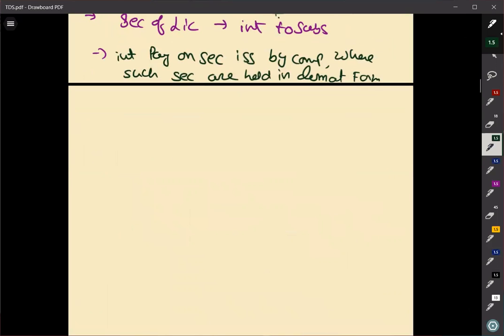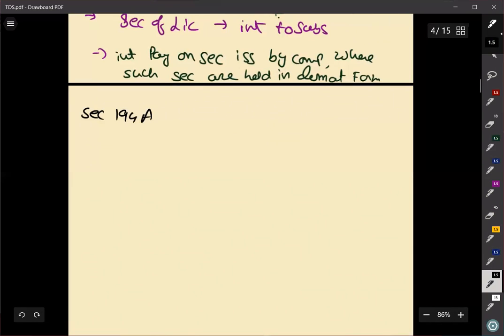Now let us quickly cover 194A, which is also very simple. Section 194A is nothing but interest other than interest on securities.